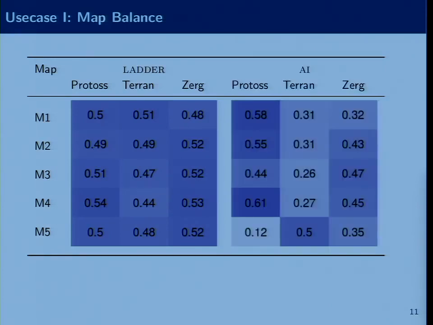Very different picture. There's not actually one map that would be balanced, around 50%, for the AI data set. So if we just looked at that data set, we would have had to conclude that the generalization is not possible because the result is really different.